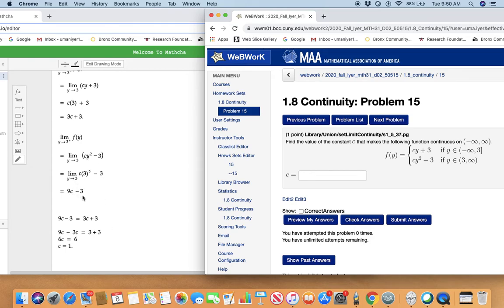So 9c minus 3 has to be equal to 3c plus 3. Get the 3c to the other side, get the negative 3 to the other side. So you get 9c minus 3c and 3 plus 3. 6c is 6, so c has to be 1.